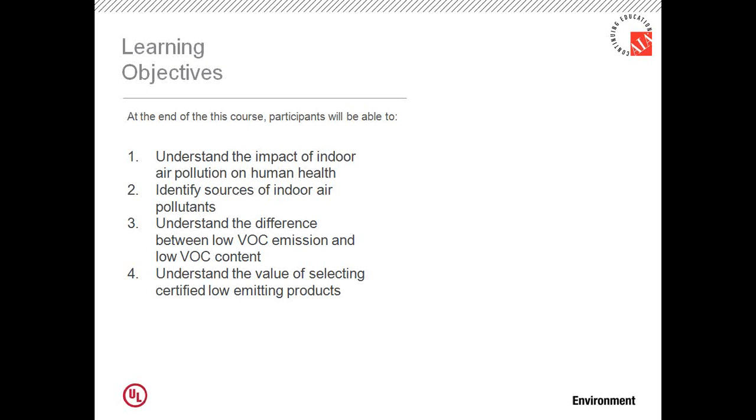And so we'll talk about why that's important today. We'll also talk about how to identify the various types of indoor air quality pollutants that are out there. We'll help you understand the difference between VOC content and VOC emissions. And we'll lead you to a resource where you can find these healthier products that are in fact low emitting.